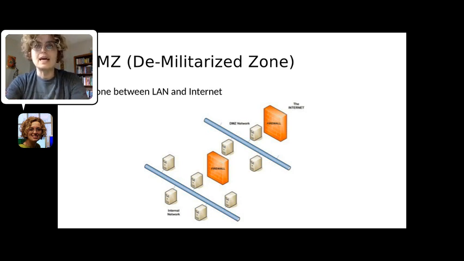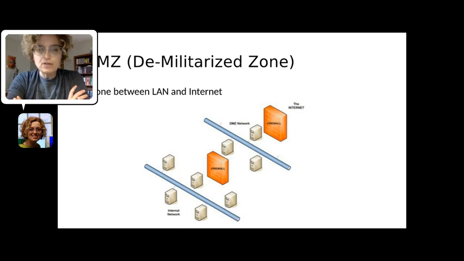As you can see, it fits very well with the firewall topic because there's a firewall in front of the demilitarized zone machines and then behind the demilitarized zone machines. And it's the front face of an organization to the internet.